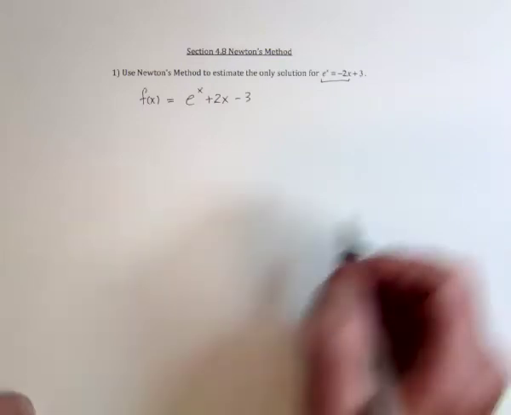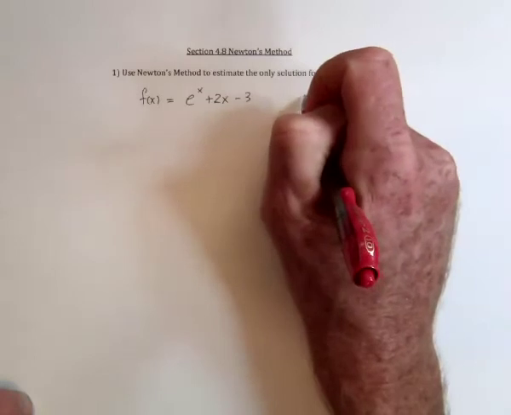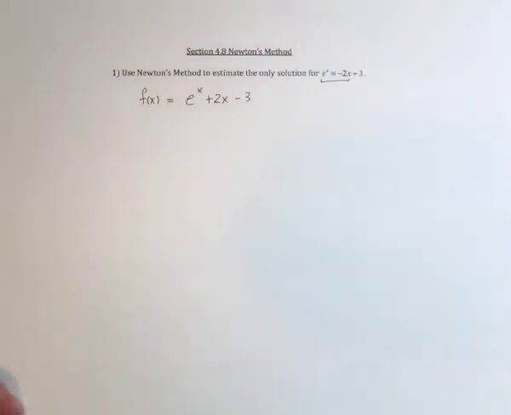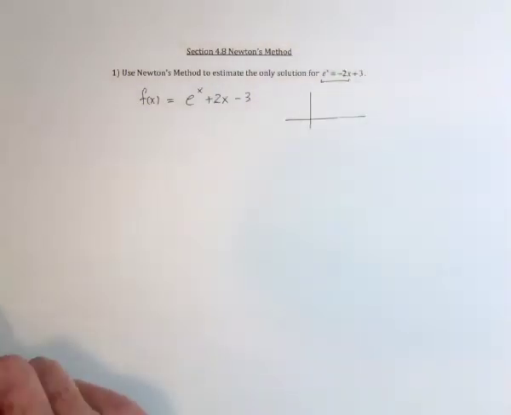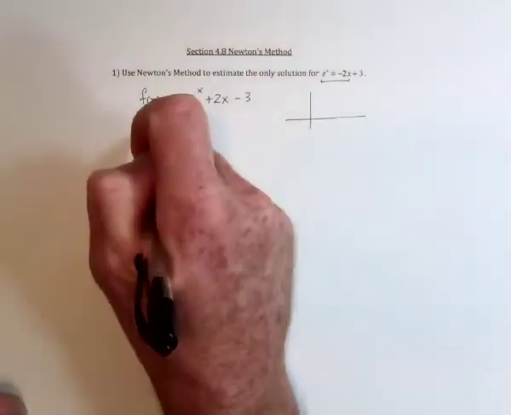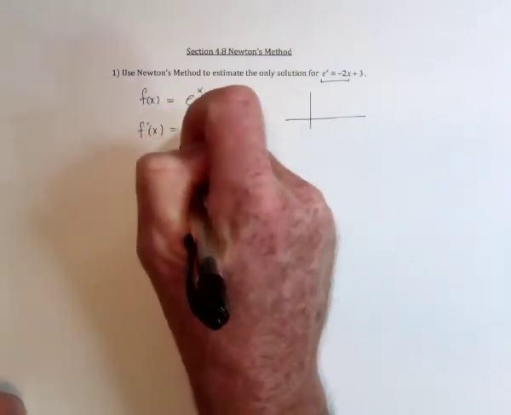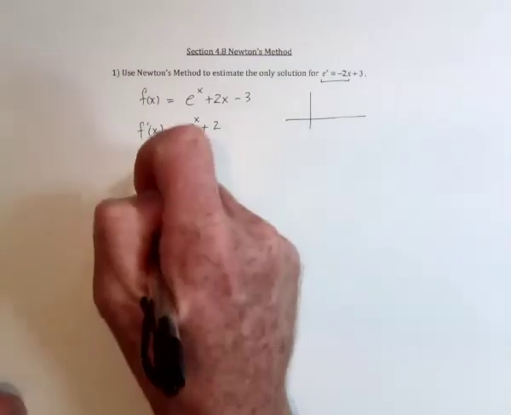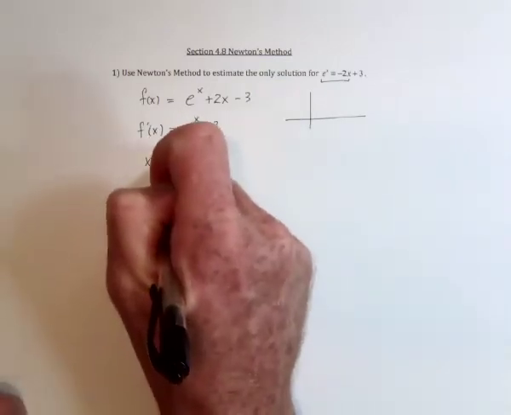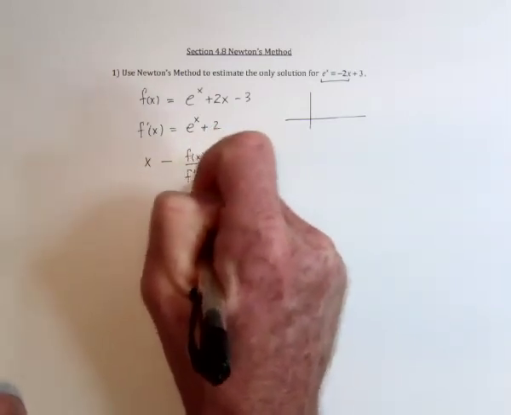And then we use the idea that we make a guess, and after we make a guess, we use the derivative. So the derivative would be e to the x plus 2. And then the general formula is x minus the function over the derivative.